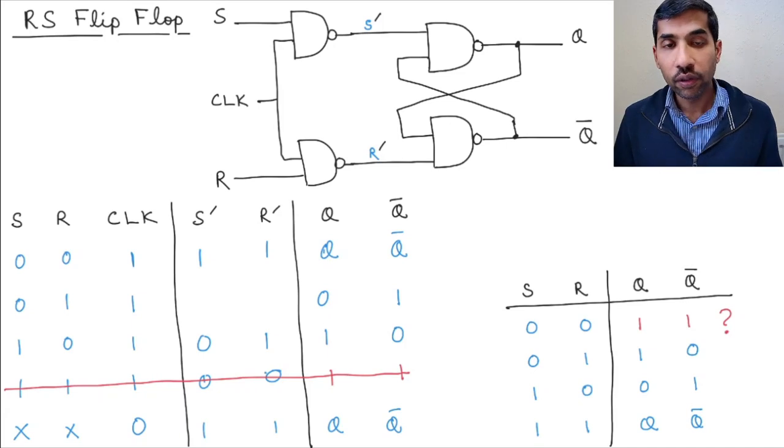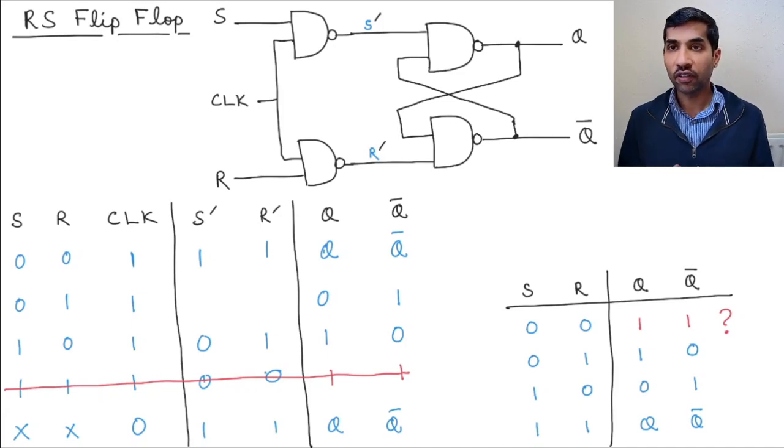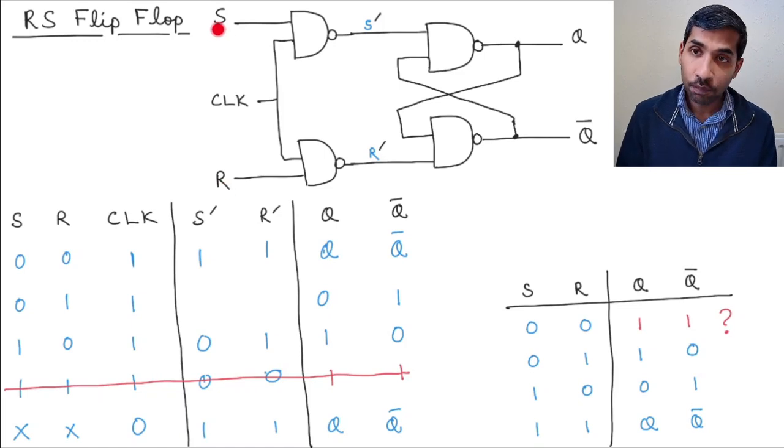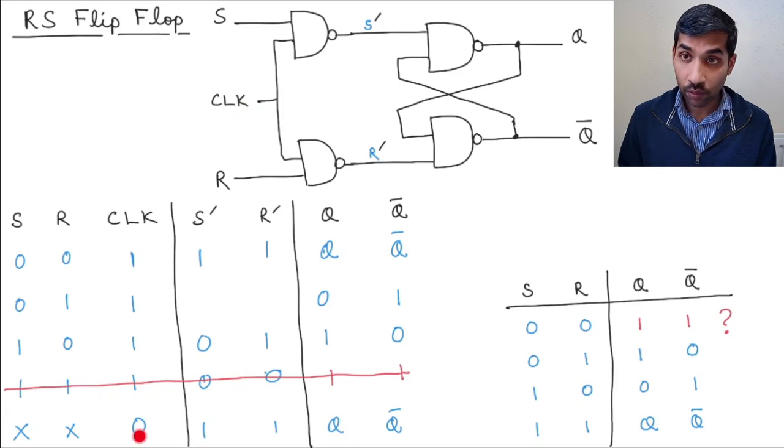Okay, so how does this circuit function then? We have written the truth table. Now let's just step back and think about how this circuit works. So what we are saying is, this circuit, in addition to the R and S inputs, has a clock input, and the circuit only responds to the R and S inputs when the clock is 1. If the clock is 0, whatever the previous state is, that is maintained at the output, right?